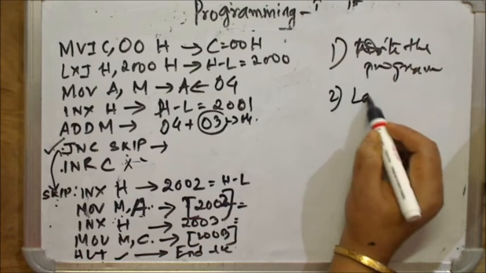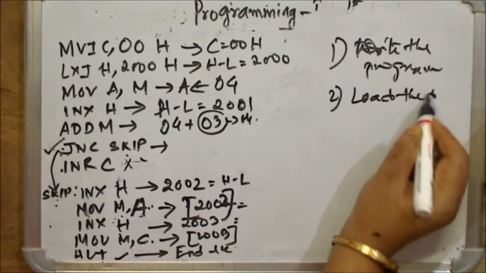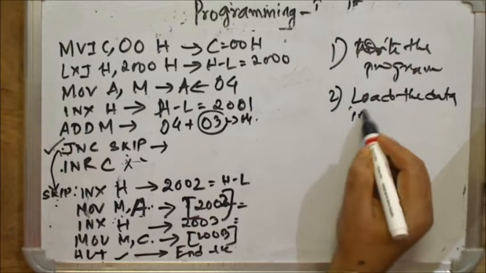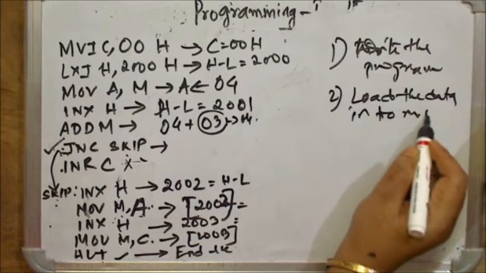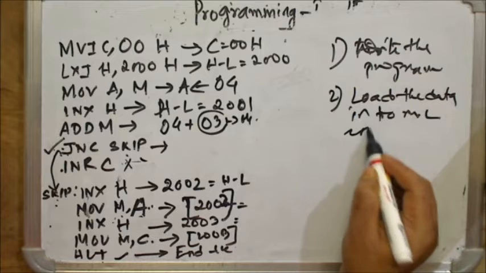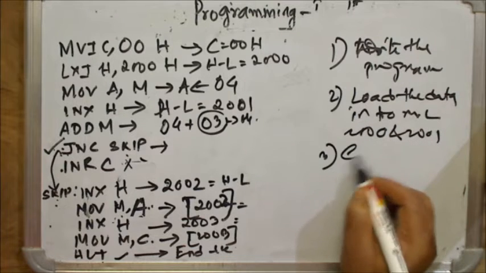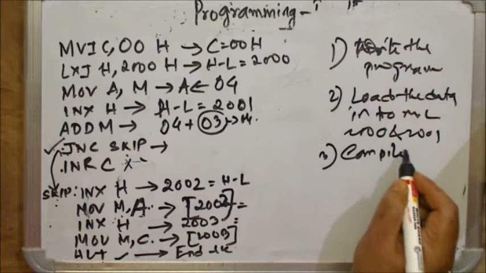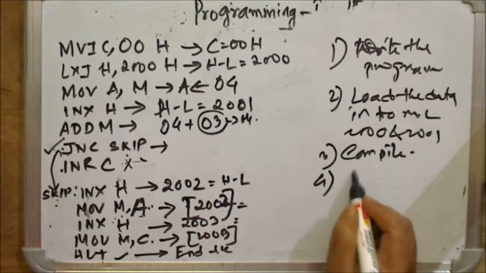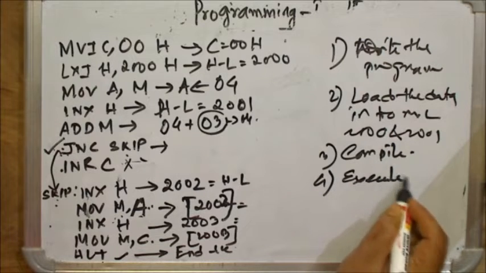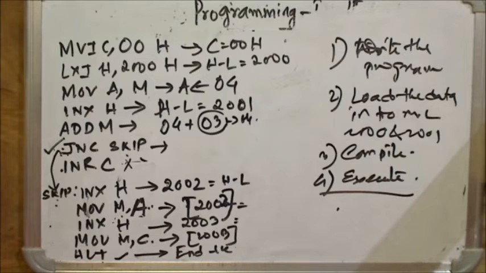The second step is load the data into memory locations, 2000 and 2001. Then you compile. Then lastly, execute. So these are the 4 steps that you have to do while you are executing the programs in the simulator.